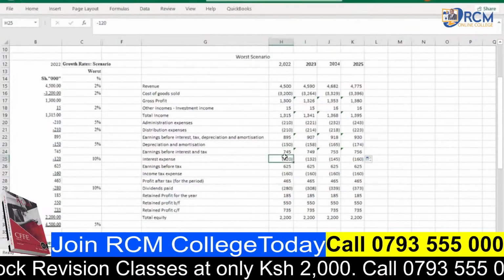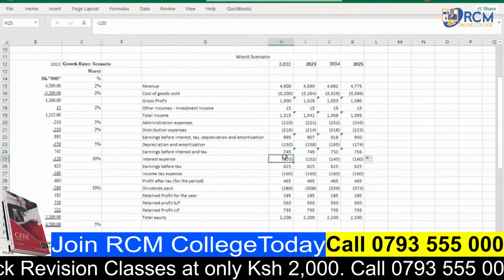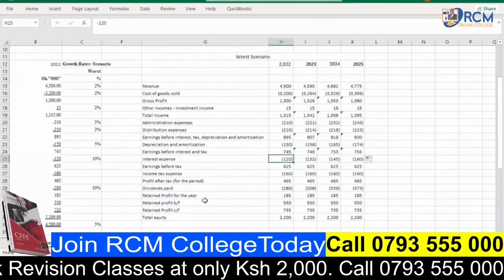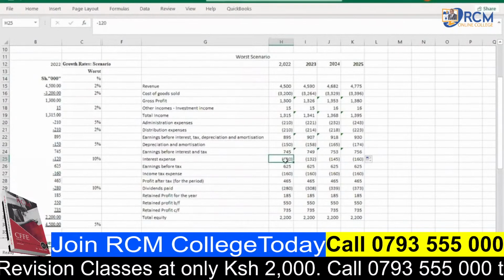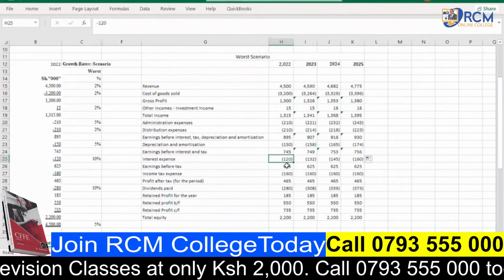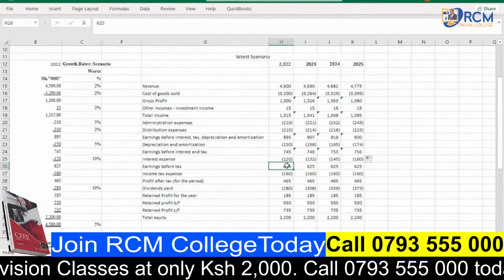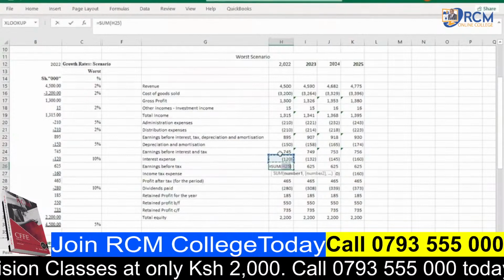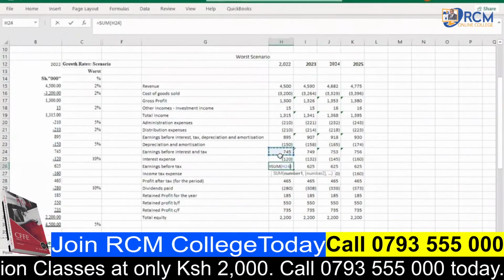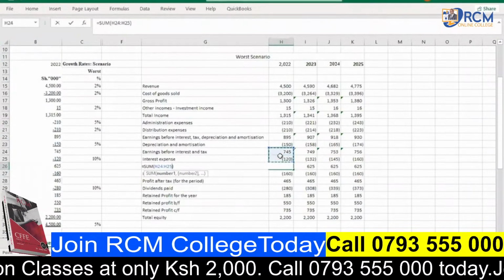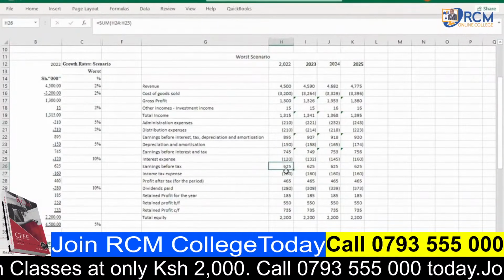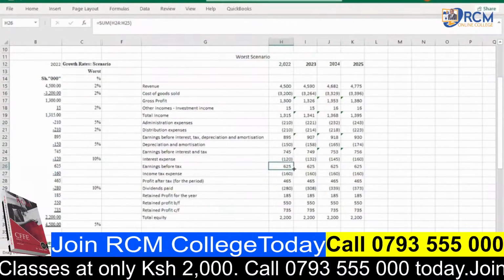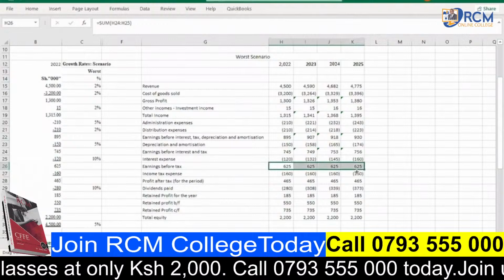Then we now eliminate the interest component, increasing by 10%. Once that is done, we get earnings before taxes. Earnings before taxes, we highlight the two. So that is the earnings before taxes.